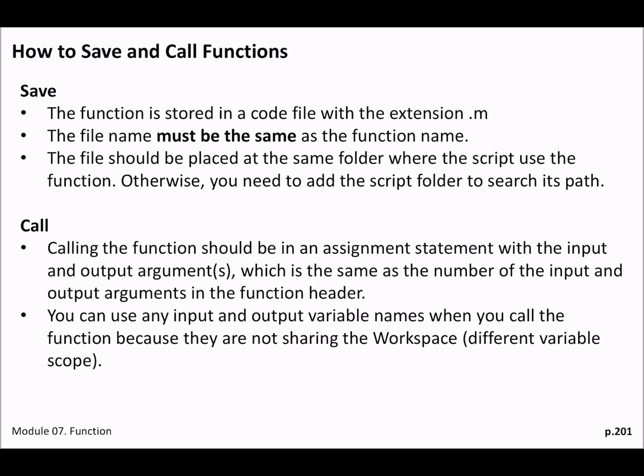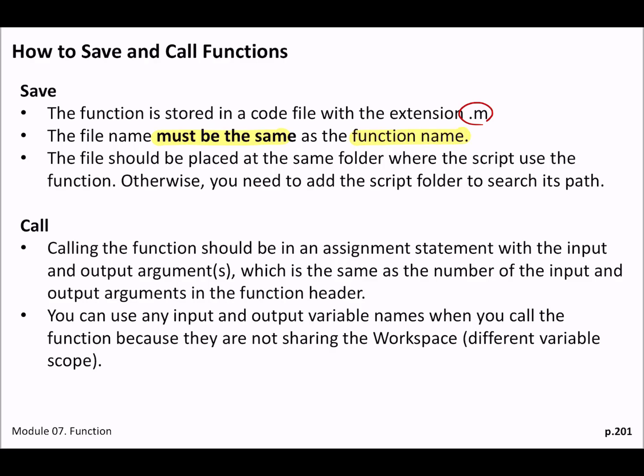Here's how we store the function. The function is stored in a code file with the extension .m. It's the same: your script is stored in an M file, and the function is also stored in an M file. The file name must be the same as the function name.